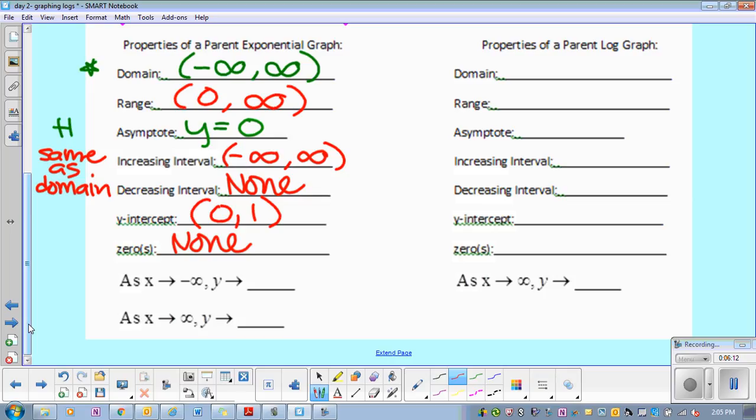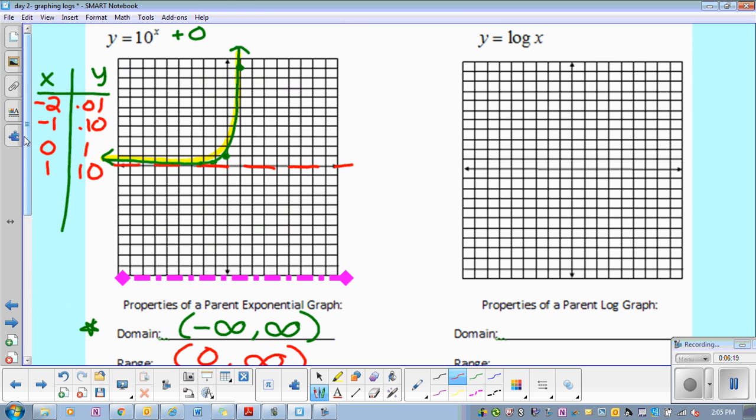Now the last part here says, as x approaches negative infinity, well, that's talking about your left arm. The left arm of this graph is going where? Is it going up? No. Is it going down? No. It's getting stuck. And stuck at what? 0.